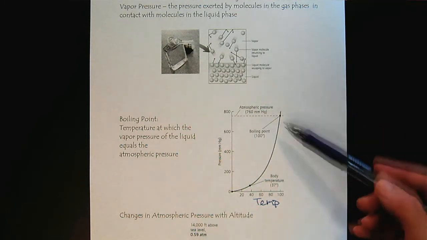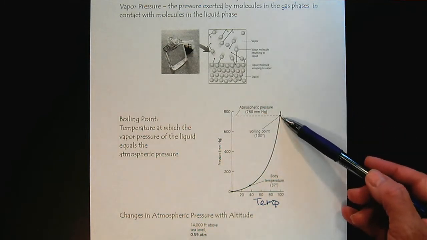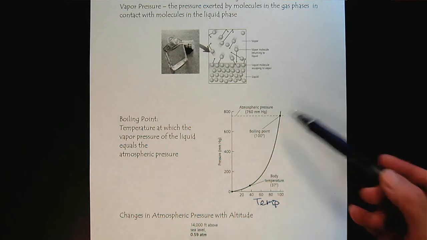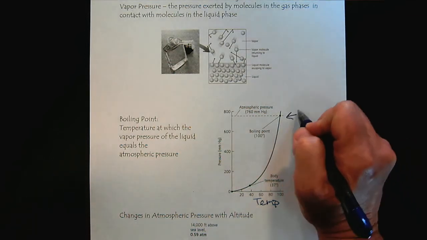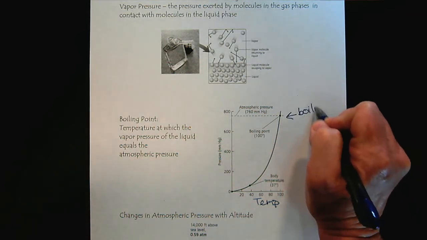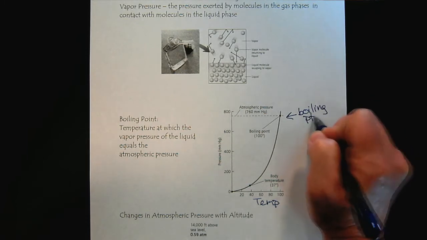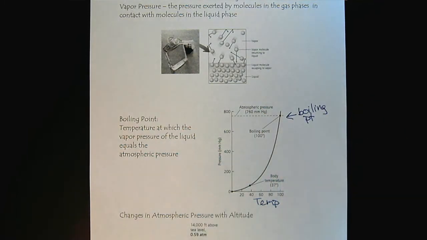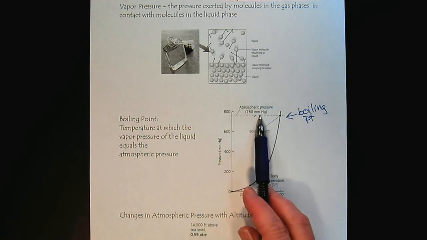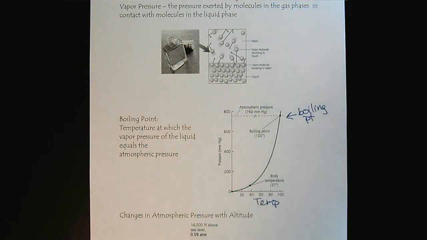And then when the vapor pressure equals the atmospheric pressure, this is where we get the boiling point. And so what is so magical about 760 millimeters of mercury? That's the equivalent of 1 atmosphere of pressure.